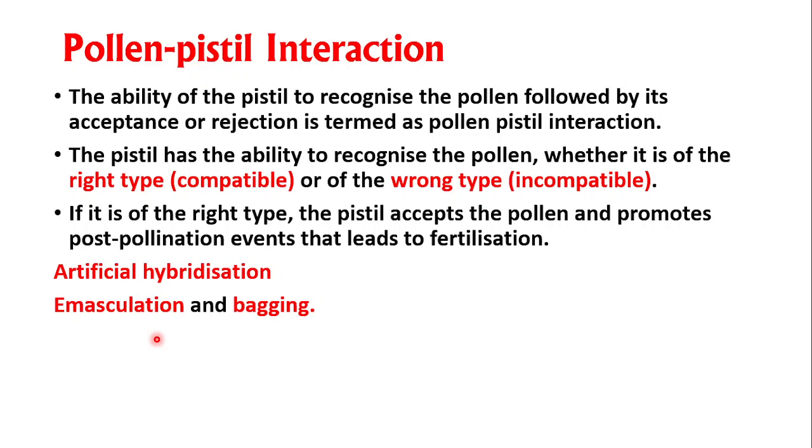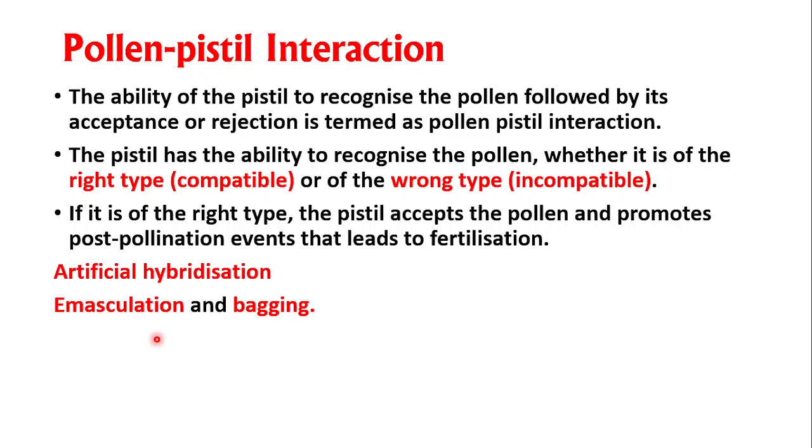Removal of anthers from a bisexual flower before their dehiscence is called what? Emasculation. I repeat the point: removal of anthers from a bisexual flower before their dehiscence is called emasculation.